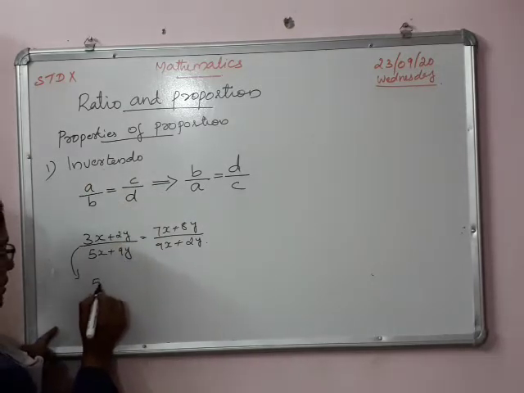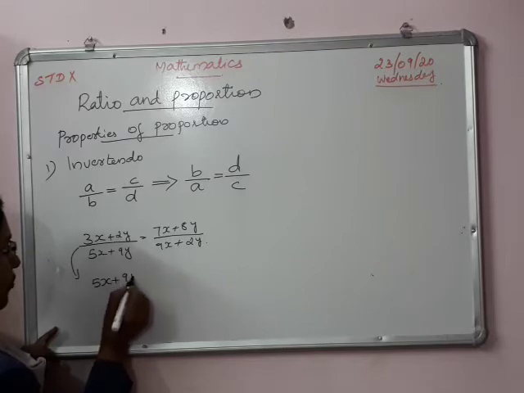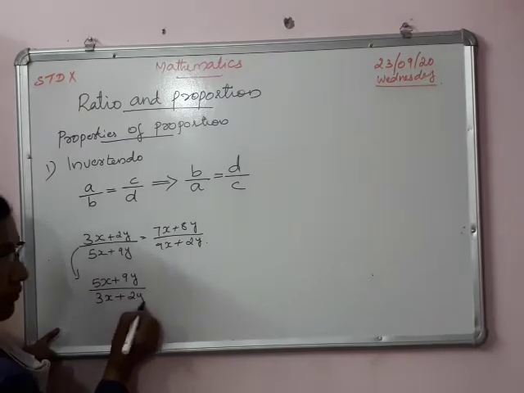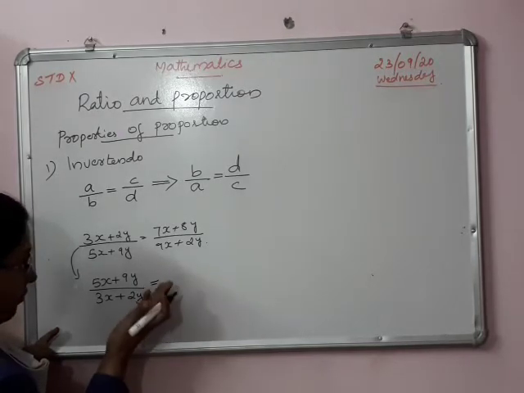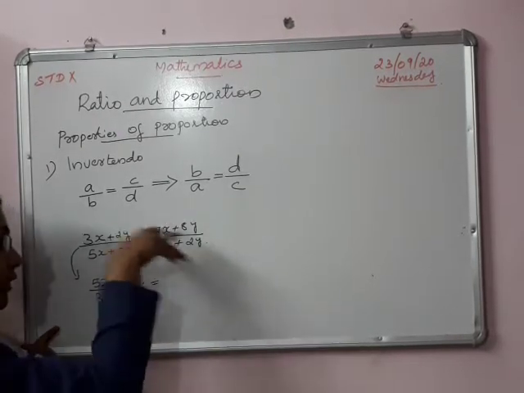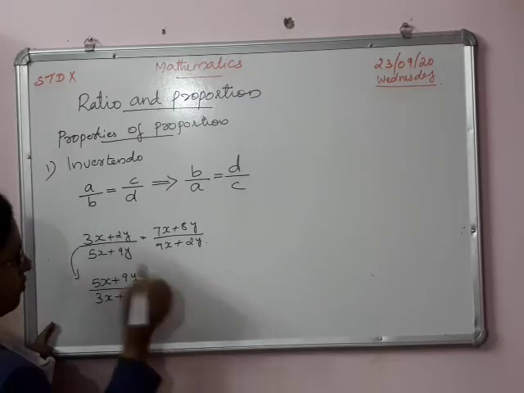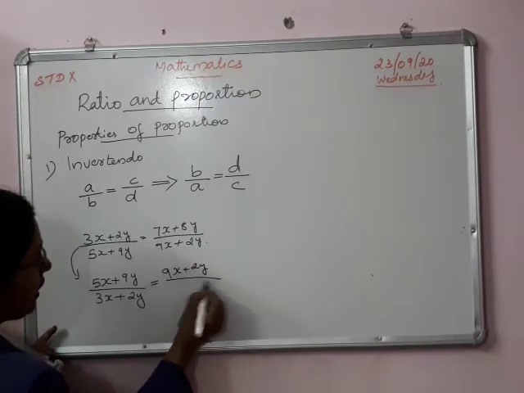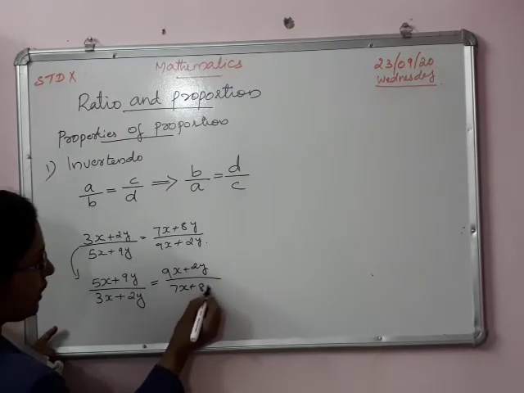We can write it as (5x plus 9y) divided by (3x plus 2y). Then in the same way we convert the RHS and LHS both: (9x plus 2y) divided by (7x plus 8y). This is an example.